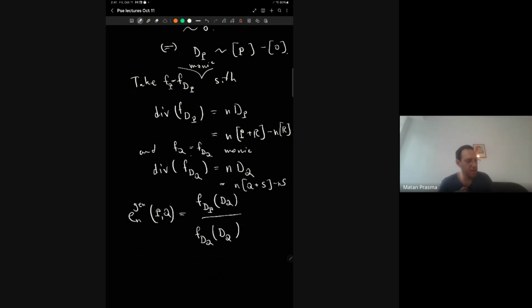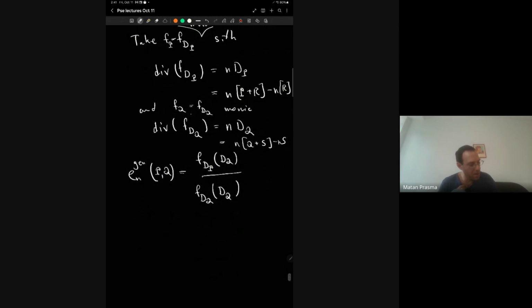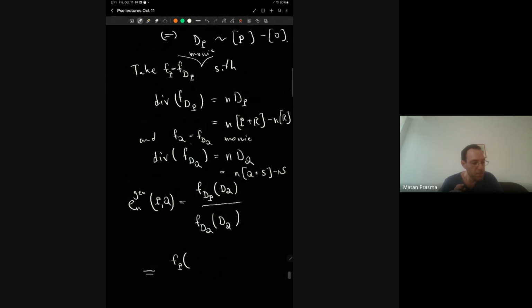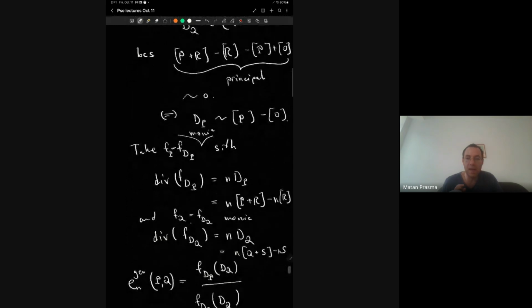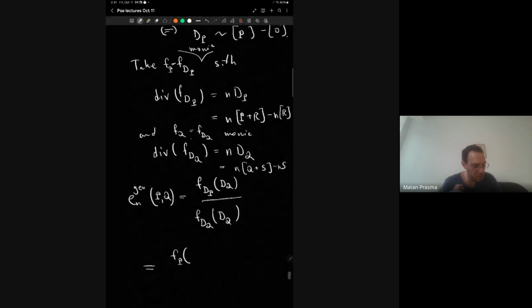And then the definition of the generic Weil pairing, I can simply write it as: I take f_dP, or f_P, and I evaluate it at dQ. But what is dQ? dQ is [Q+S] minus [S]. So this is f_P at Q+S divided by f_P at S. This is the numerator.